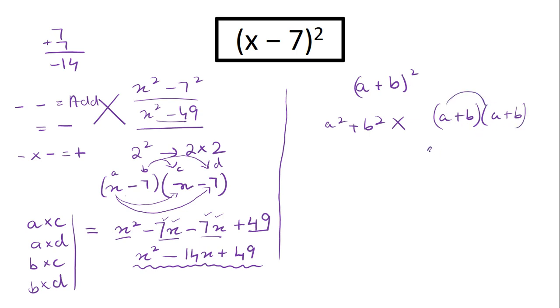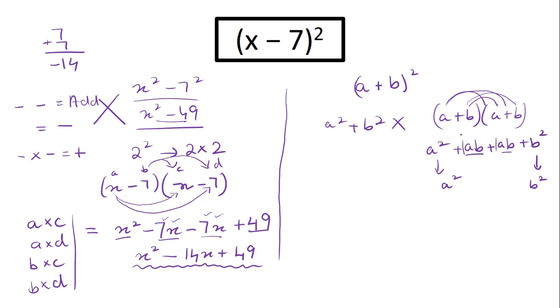If I do a times a, it's a squared, then a times b would be plus ab, then b times a again plus ab, and then b times b would be b squared. Now a squared doesn't have a like term, so it comes down the way it is. B squared doesn't have a like term, so it comes down the way it is. AB and AB, there's basically an invisible 1 here.